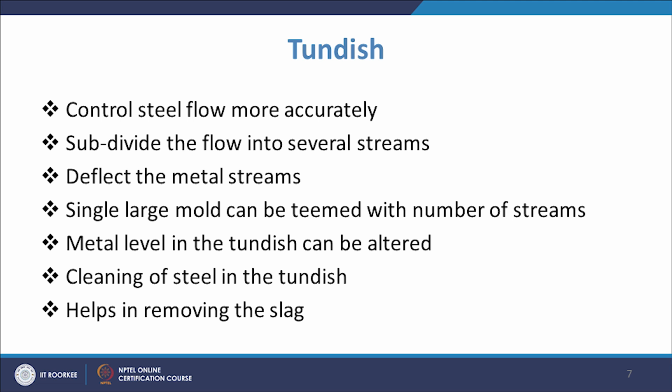Also, because it has a very large surface area, even during the changeover there will be a very small decrease in the height of the free surface of liquid metal in the Tundish. So the change in the velocity will be very small, and the steel flow will be controlled more accurately because of the Tundish.